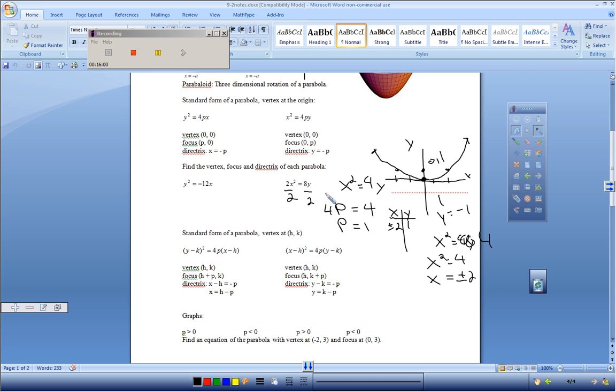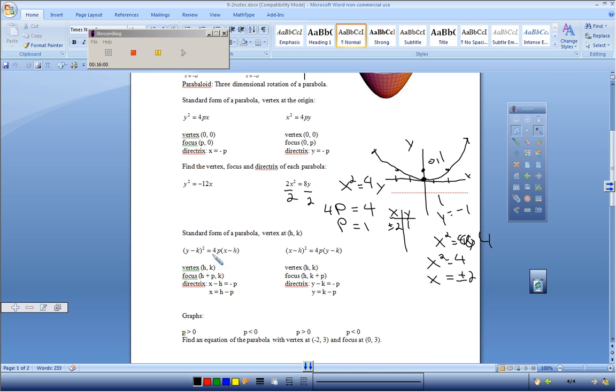Because if this number is less than 1, then I would be dividing by a number less than 1, which would make the number in front of x squared big, like a y equals 5x squared parabola, that would be a skinny parabola. So the smaller this number here, this 4p in front of your variable, the skinnier your parabola is, and the bigger this number is, the fatter your parabola is going to be.